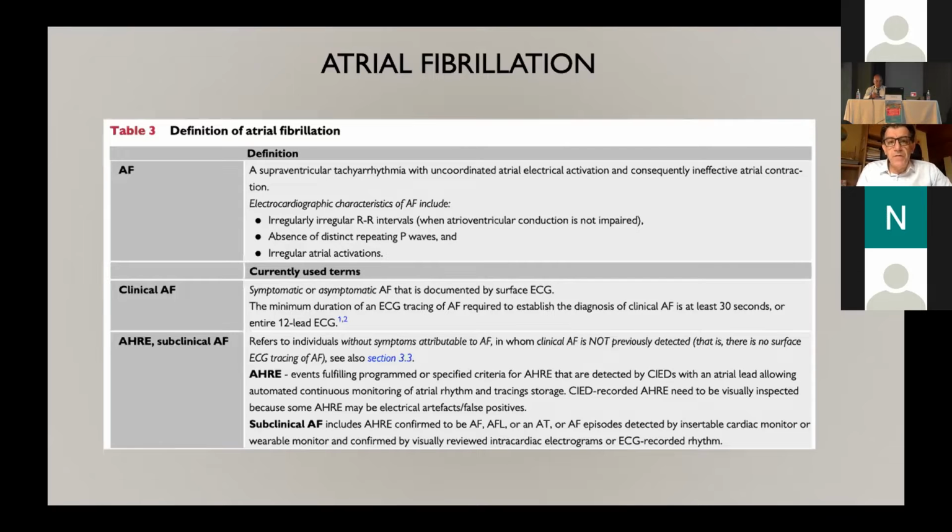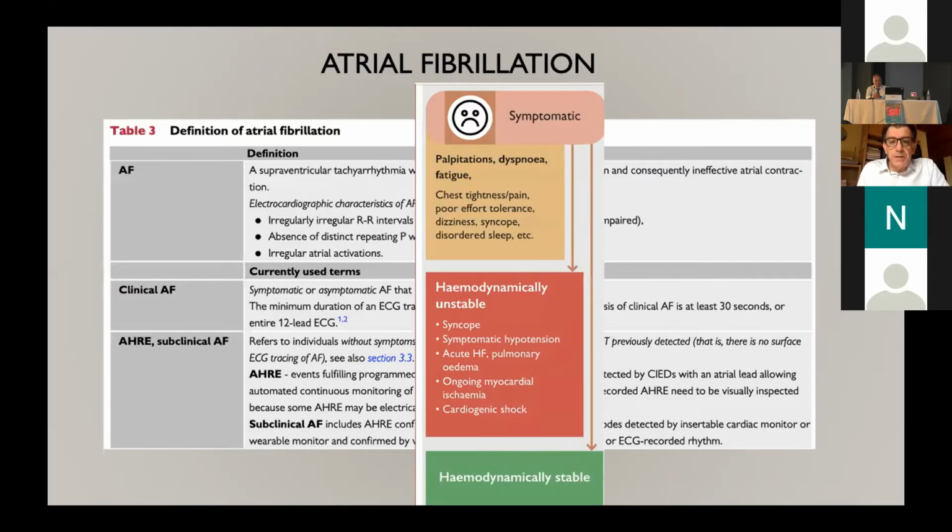We have to have in mind that there is a definition of atrial fibrillation, and we could have symptomatic and asymptomatic atrial fibrillation, but both are dangerous for our patients. The symptomatic form is normally the feeling of palpitation, dyspnea, or fatigue.